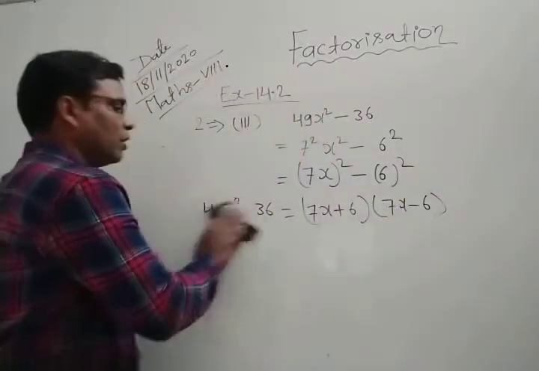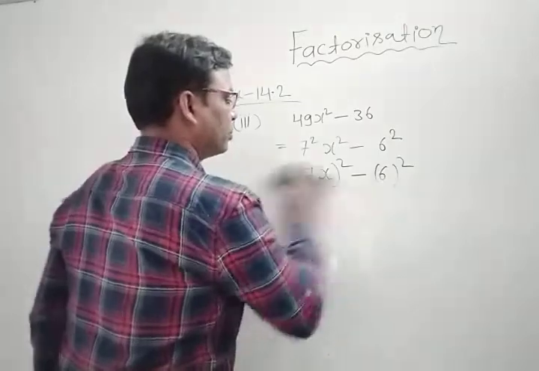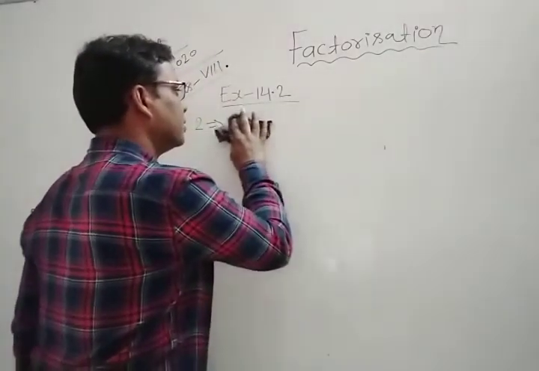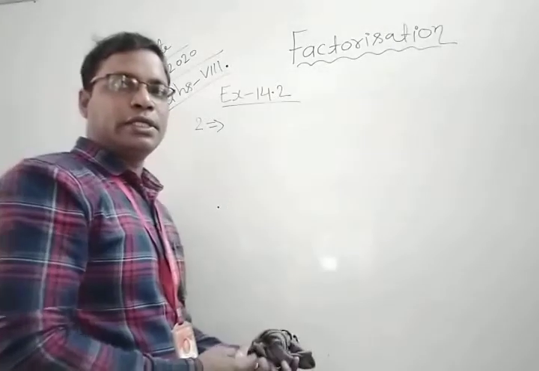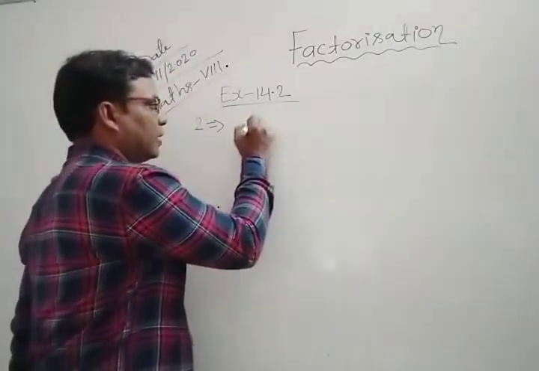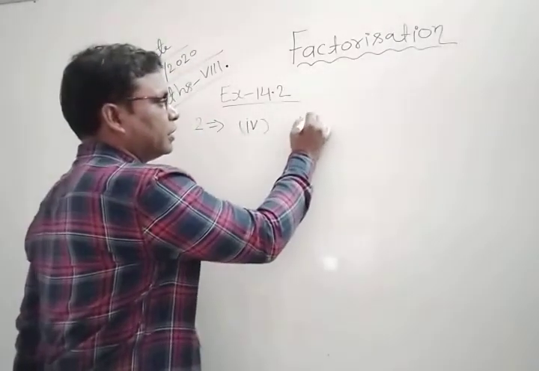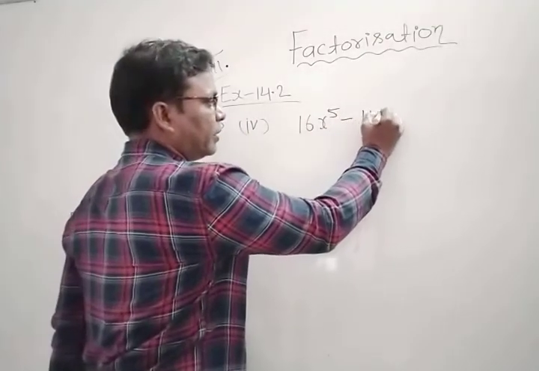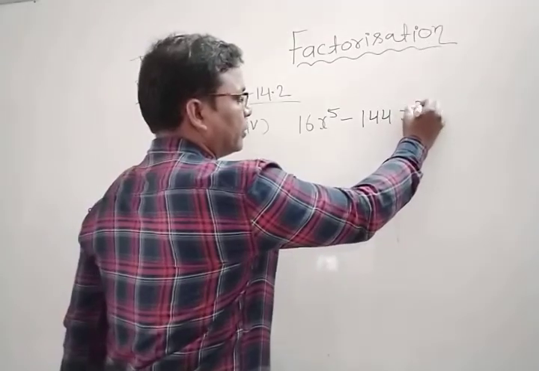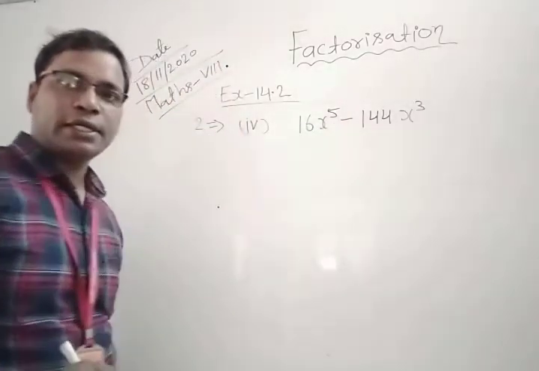Let's see how to find the factors of the fourth part. The fourth part is given here: 16x power 5 minus 144x power 3. Clear?